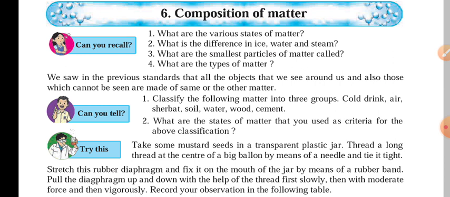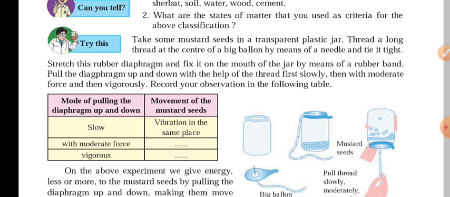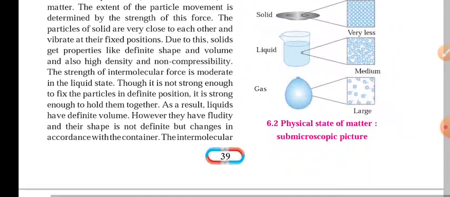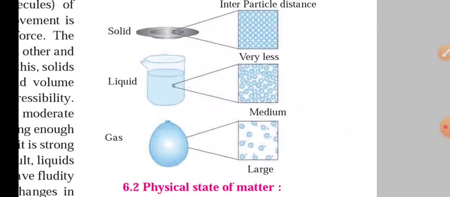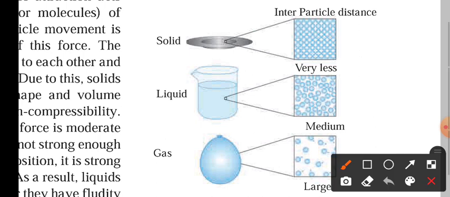As we already know about matter, we have three different states: solid, liquid, and gaseous. Now, when we talk about solid, liquid, and gaseous, you can see over here the inner particles. They have given the pictures.